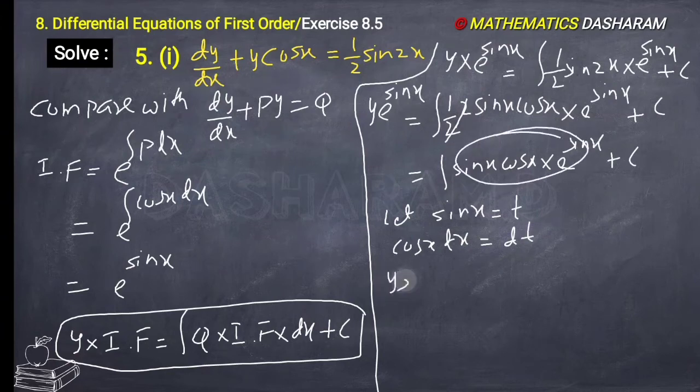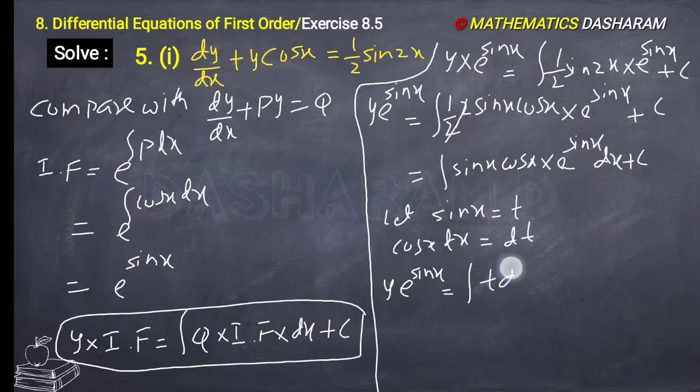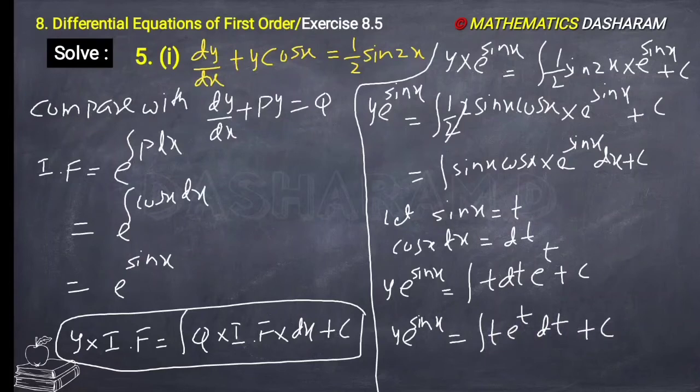So then y into e power sin x equals integration, the sin x is t and cos x dx is dt, into e to the power of t plus c. So y into e to the power of sin x equals integration t into e power t dt plus c.